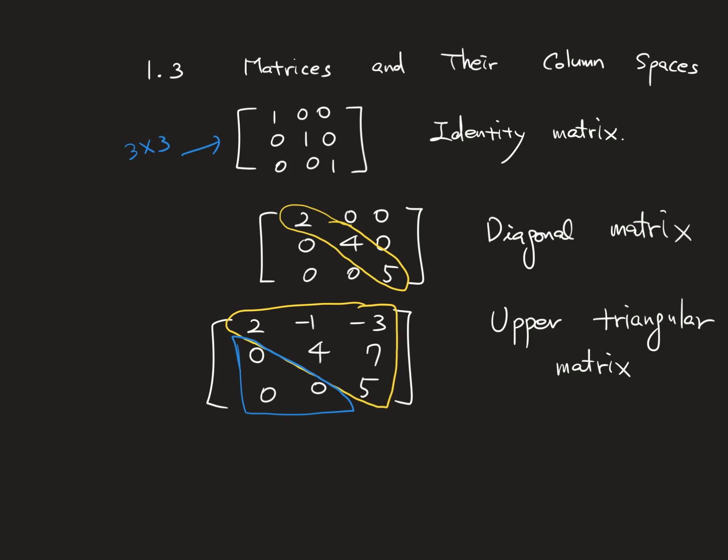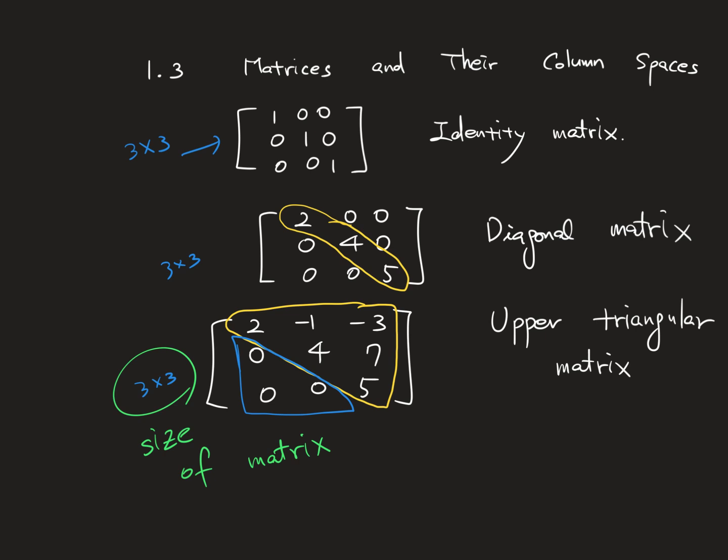They are all 3 by 3. We call this the size of the matrix: how many rows and how many columns do they have? We check that.